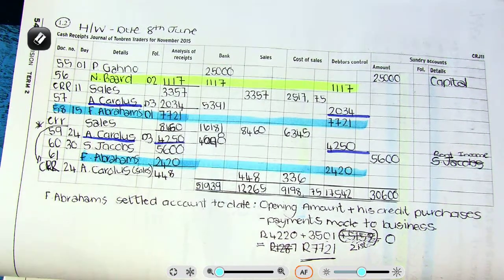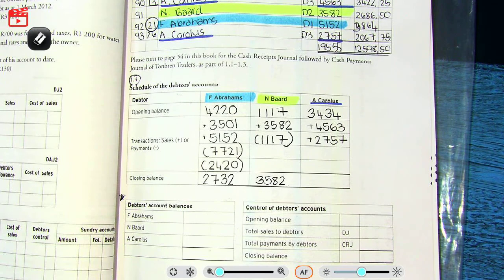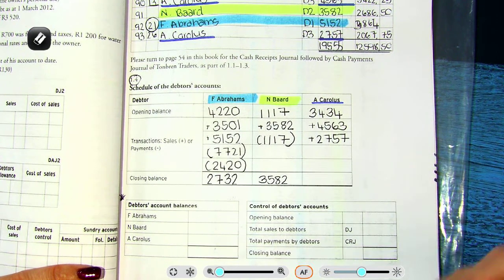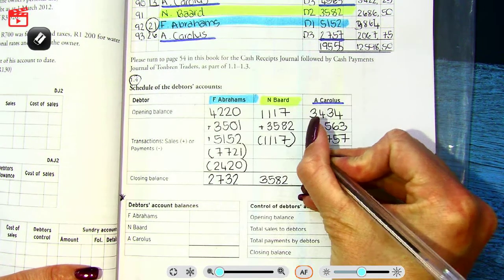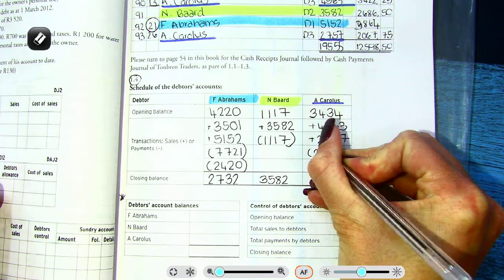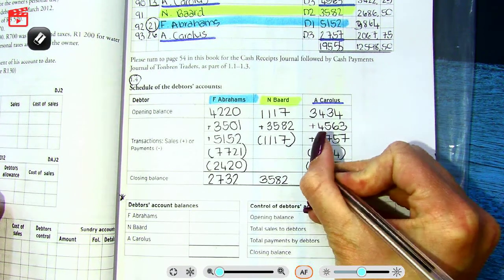It's coming from my CRJ, which means that I received money from this debtor. So does he owe me more or less? He's now going to owe me less. His account is going to decrease by 2,034 and 4,250.